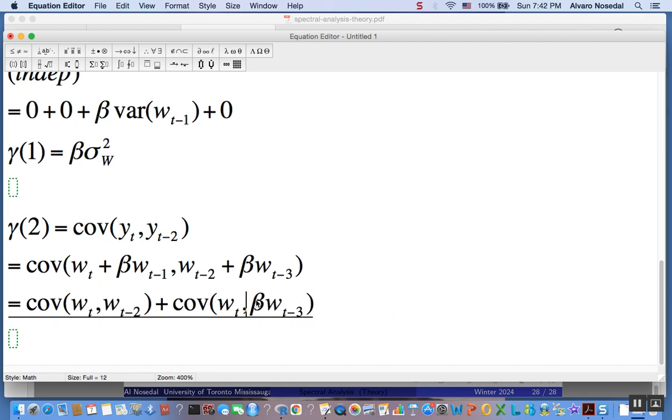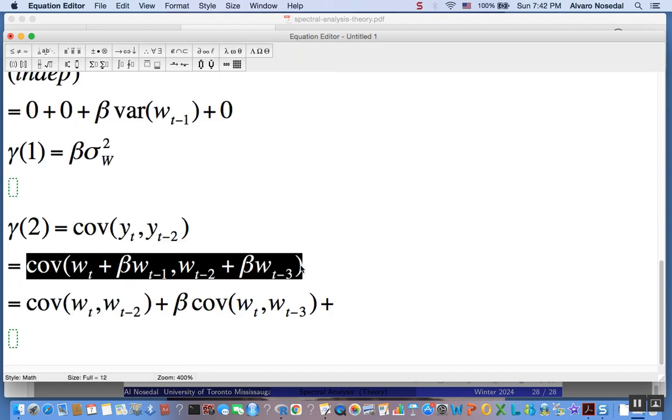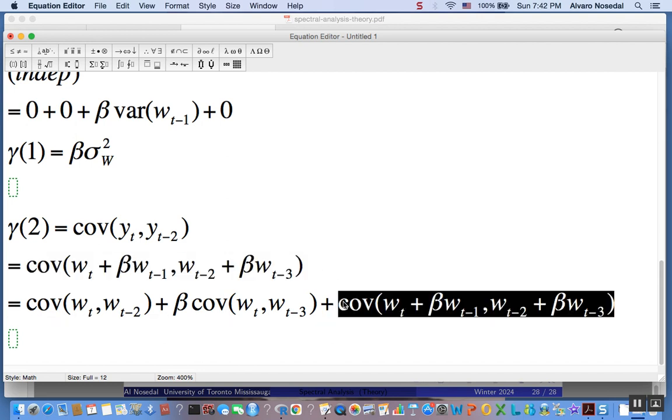Let me pull out that constant, that beta. Now, next term, okay? We need beta W_{t-1} and W_{t-2}. So let's do that term there.